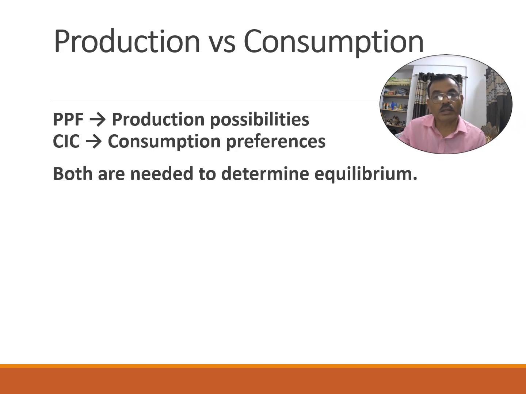The production possibility frontier represents the production possibilities of the economy, what the economy can produce. On the other hand, the community indifference curve represents consumption preferences, what society wants to consume.